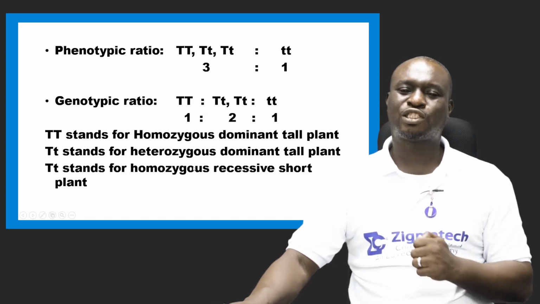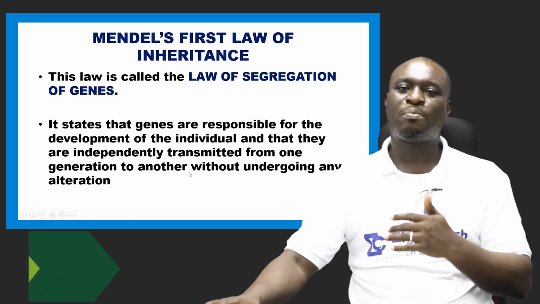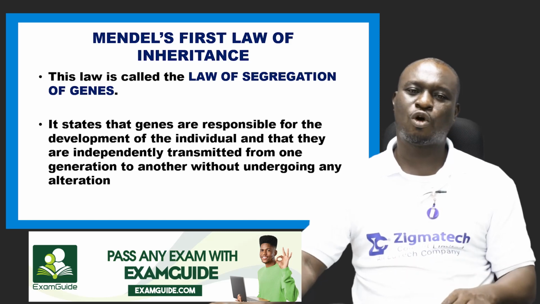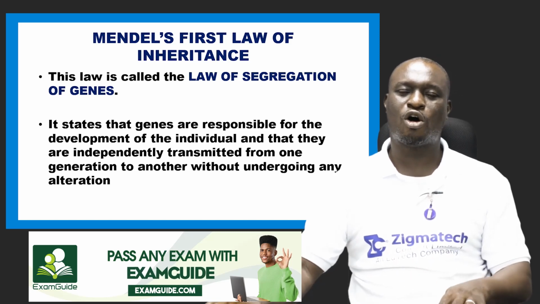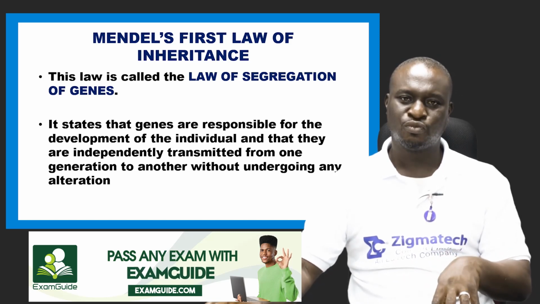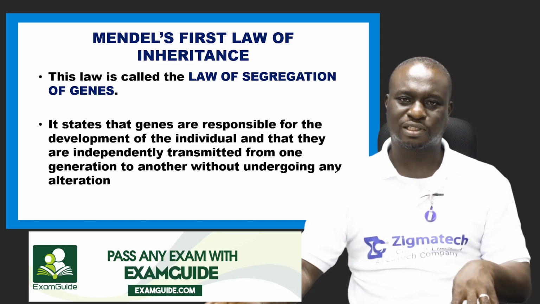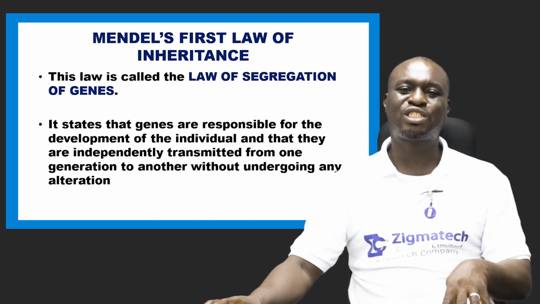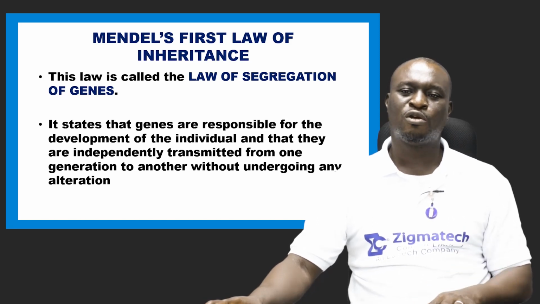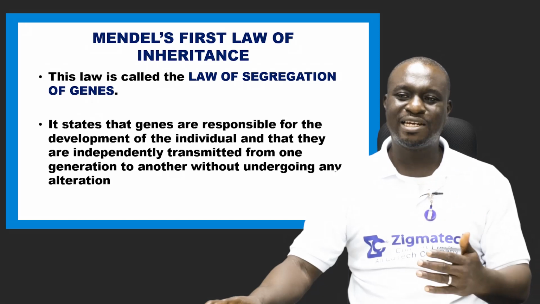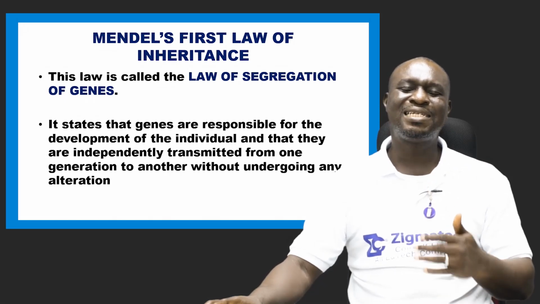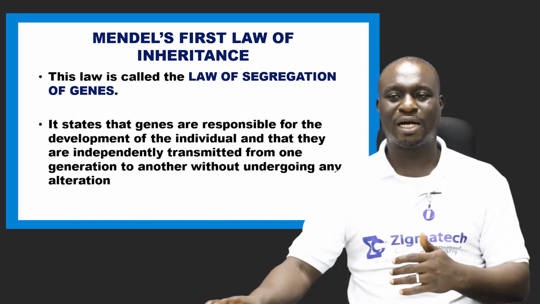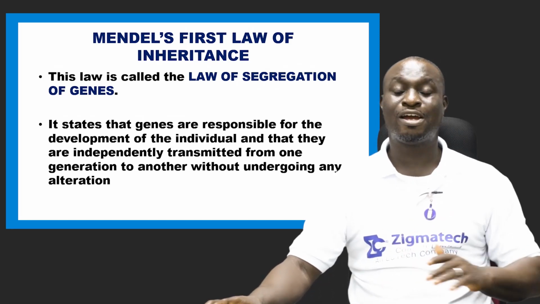Now, based on this discovery, Mendel proposed his first law of inheritance. And this first law of inheritance is called the law of segregation of genes. This law states that genes are actually responsible for the development of the individual, and that they are independently transmitted from one generation to another without undergoing any alteration.